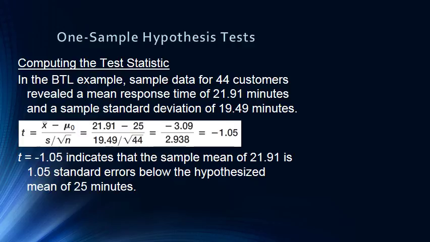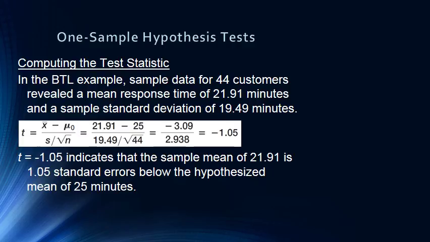So we subtract, comparing the two values, which would be the average of our sample minus the assumed average of your population, divided by the standard deviation of your sample, because we do not know the deviation of the population, divided by the square root of the number of samples, which is 44.